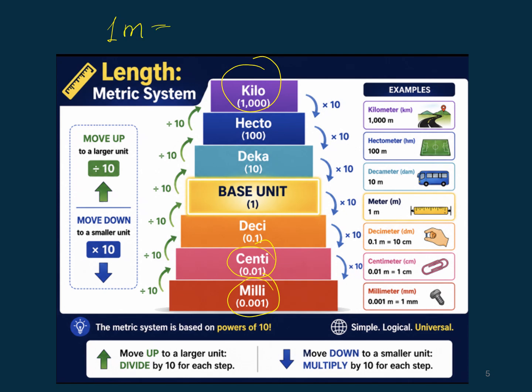We need to move down from meters 2 steps. So 1 and 2. We multiply 1 meter times 10 and times 10. This equals 100 centimeters. So 1 meter equals 100 centimeters.